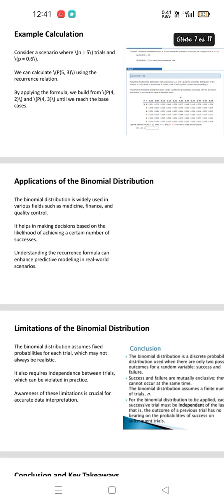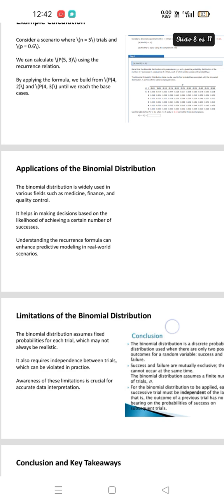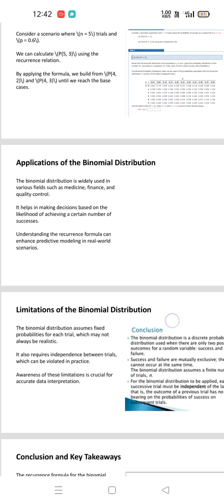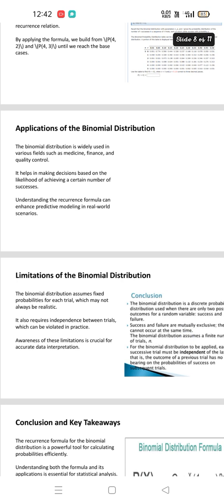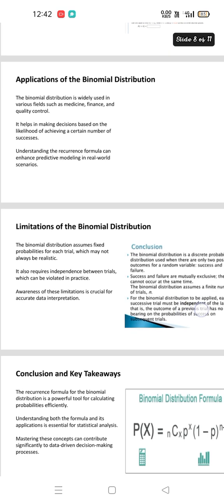Application of binomial distribution. The binomial distribution is widely used in various fields such as medicine, finance, and quality control. It helps in making decisions based on the likelihood of achieving a certain number of successes. Understanding the recurrence formula can enhance predictive modeling in real-world scenarios.